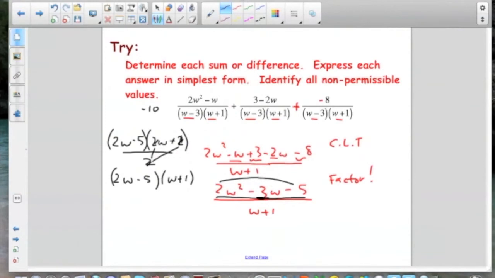Okay, so I know this factors to that, so I put it all over w plus 1. Okay, let's do our restrictions or our non-permissibles. So our non-permissible is w cannot equal, looking at the bottom here, negative 1. And now I cancel out. And so my solution is that.